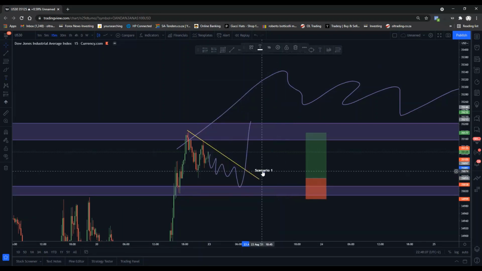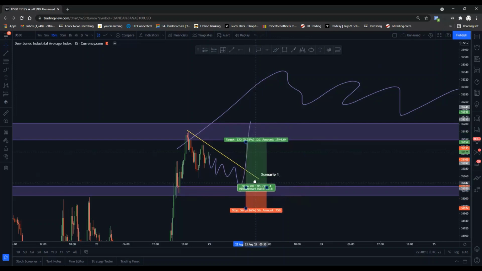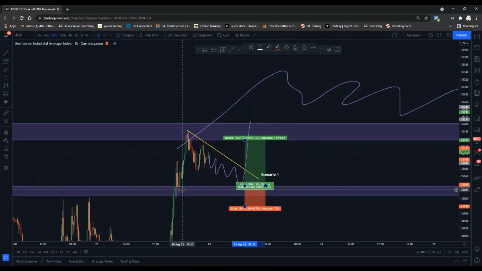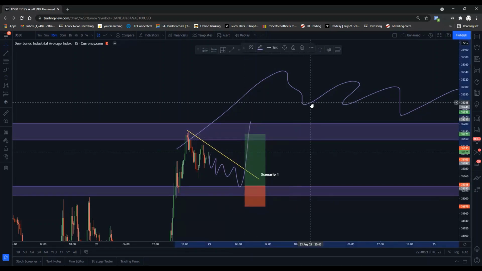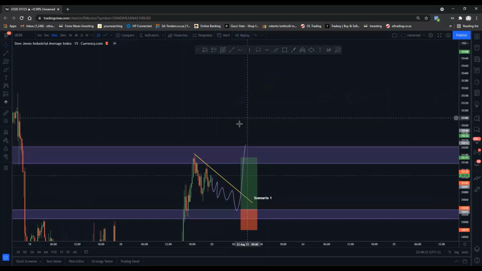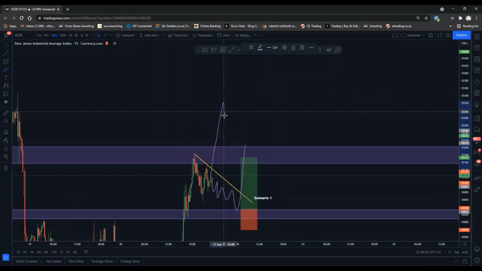Okay. Buying here. Further moving here. So I see this level as my greater zone. And then my scenario two will be this breaking and then correcting.